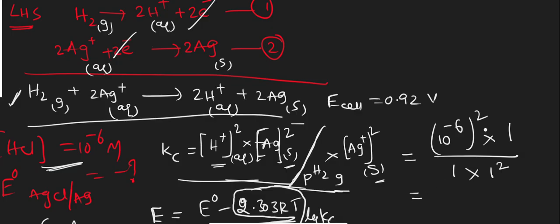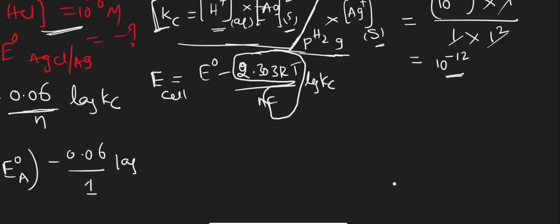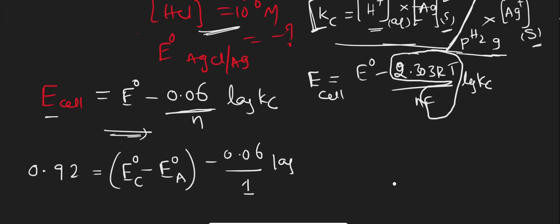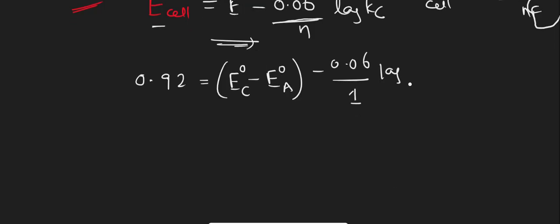So the overall Kc value, observe here, will be 1, 1, 1, so we get 10 power minus 12. Now that Kc we have to substitute in the Nernst equation, so I am substituting Kc as 10 power minus 12.